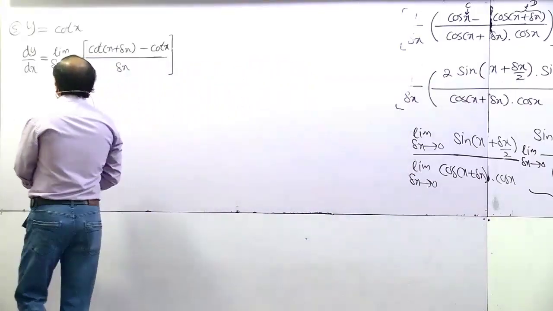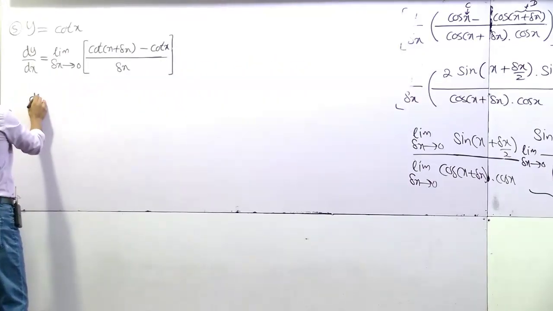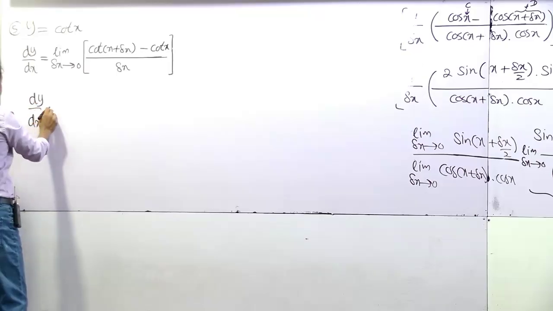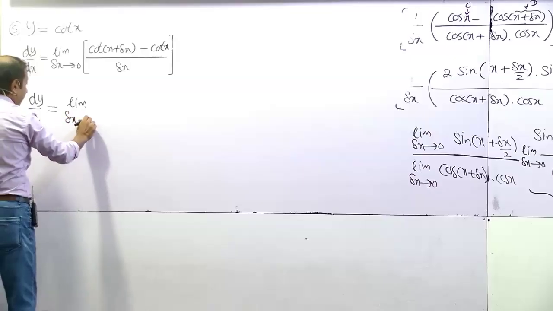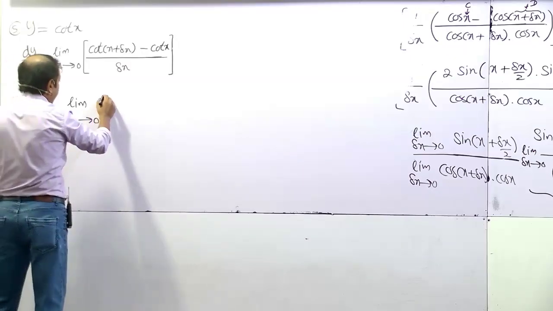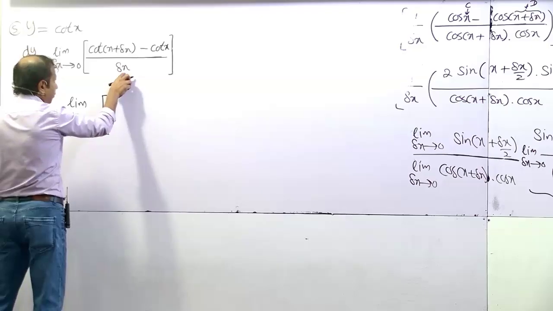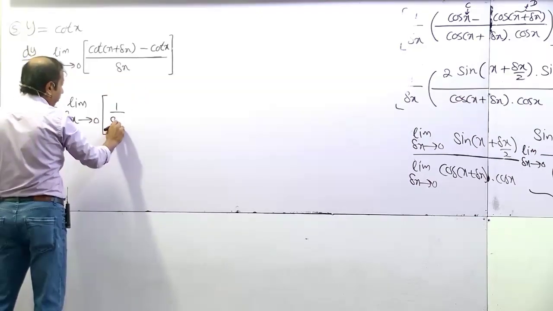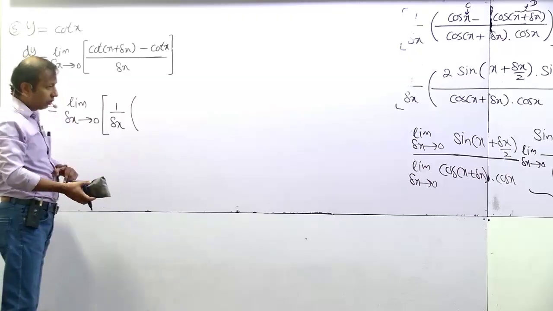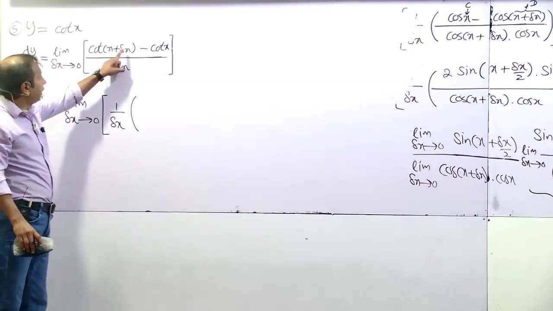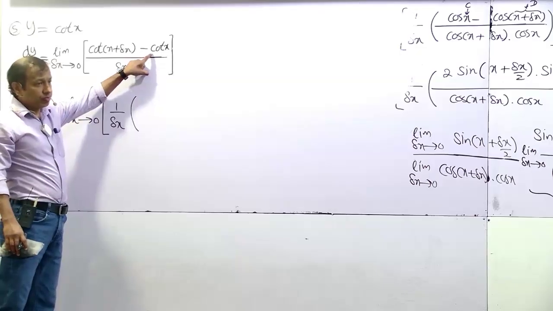Okay, now dy over dx. This delta x I write as 1 over delta x, open a bracket. This cot and this cot we write. Cot means cos by sine, no?